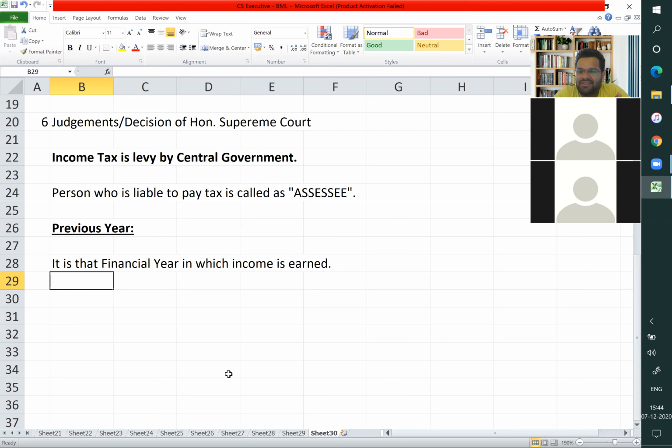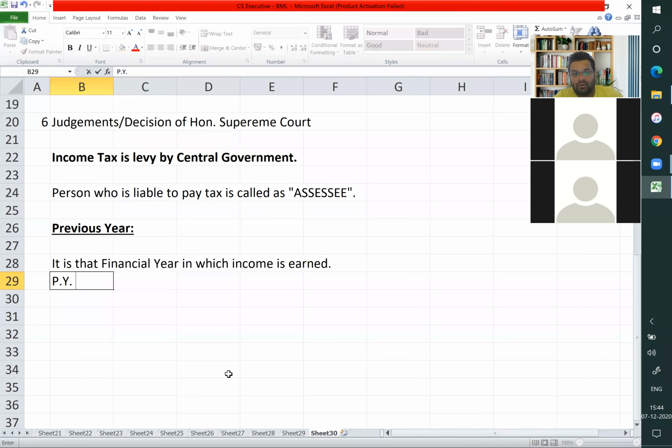Yes, previous year is nothing but financial year in which income is earned. So financial year would also be 2021. That means previous year is 2021 in which the lottery income is earned.